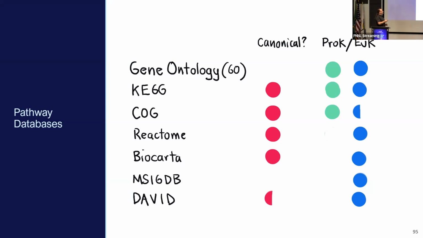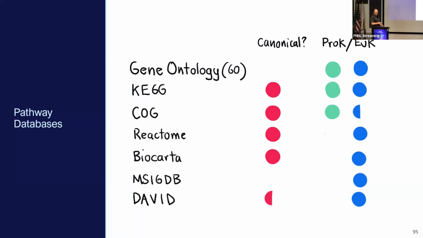And I have a couple of columns here. One is whether or not this is very applicable to prokaryotes. Most of these, maybe not all of them, most of them do have prokaryotic annotations included in them, prokaryotic pathways included in them, but many of them are not centered on prokaryotes. DAVID is a good example.